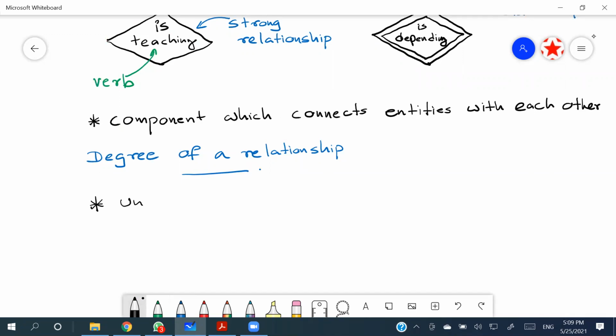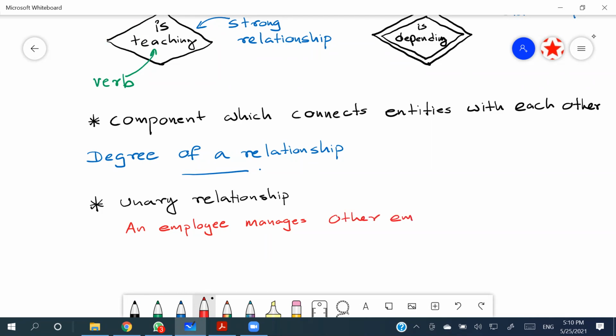The first one is the unary relationship. If you got a situation like this: an employee manages other employees.